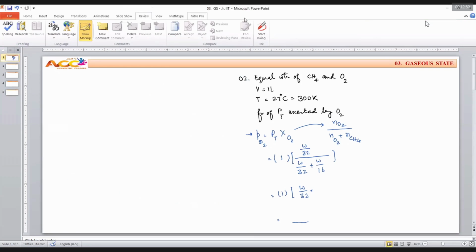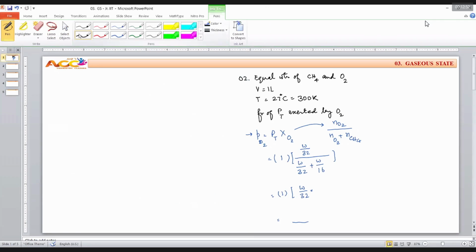Next, a gaseous mixture of oxygen and nitrogen. This is your job.